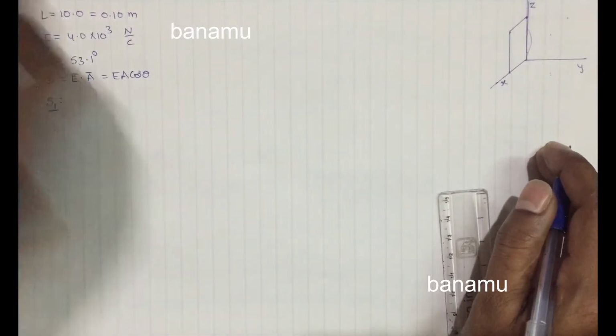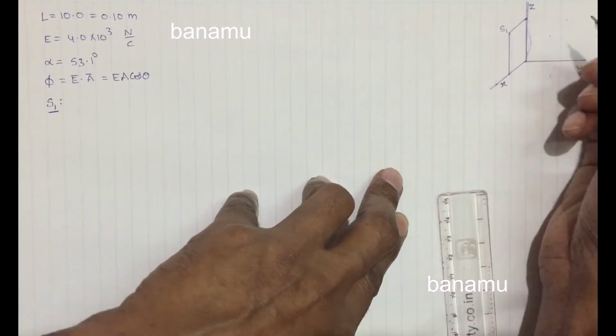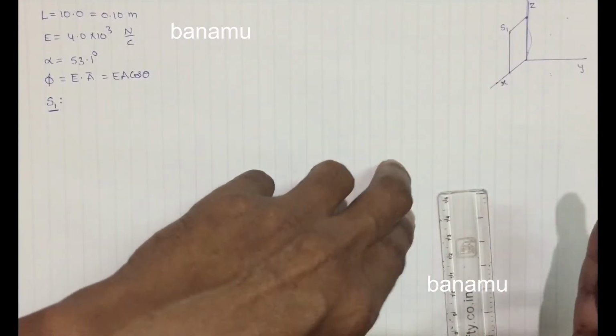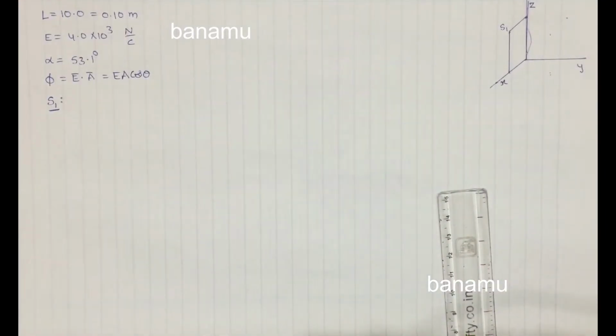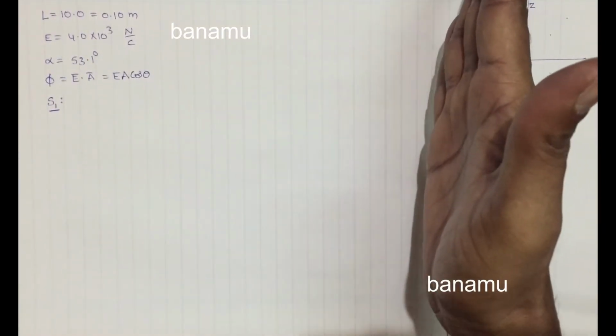So the surface S1 is the left side of the cube.